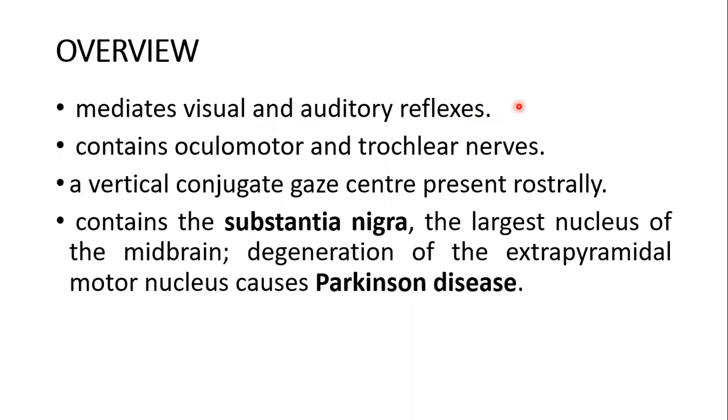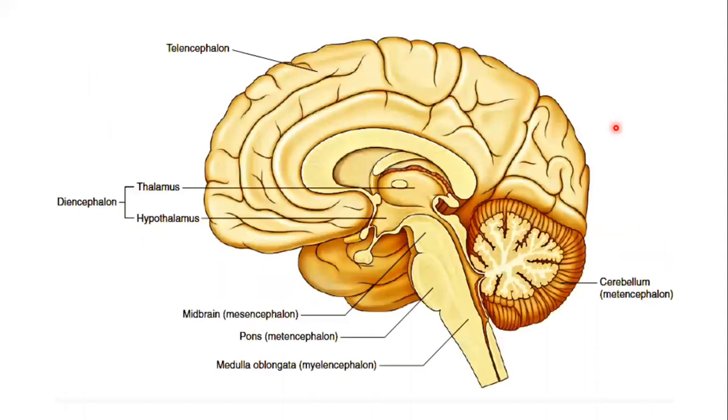We will get into the detail in a short while, the visual reflexes and auditory reflexes. Of course, I told you already in the previous discussions of the medulla and the pons, with links to those videos given below in the description, that out of the 12 cranial nerves, 10 cranial nerves are connected with the brainstem, taking origin from there. To the medulla oblongata, the lower 4 cranial nerves are attached, the 9th, 10th, 11th, and 12th.